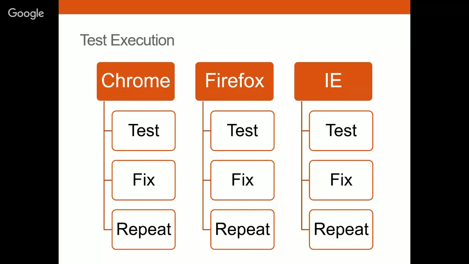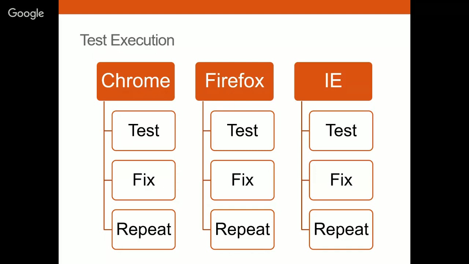And then you will repeat this cycle, because your bug fixes could possibly introduce new bugs into the page. So you will test, you will fix, and then you can repeat the test again, and hopefully you don't find any more problems, so the test will be finished for this browser. And you can move on to the next one.